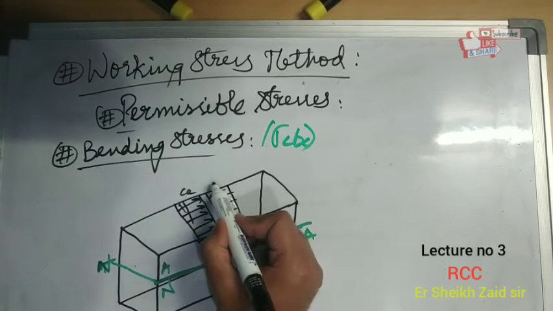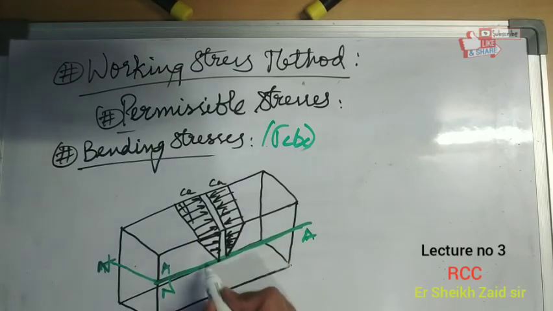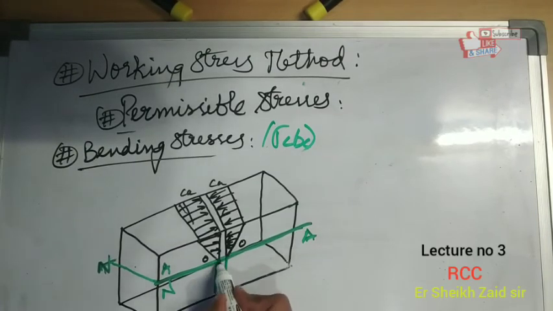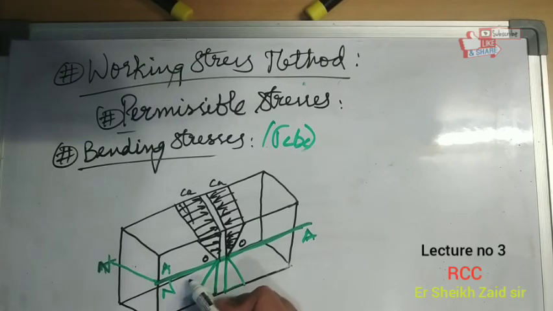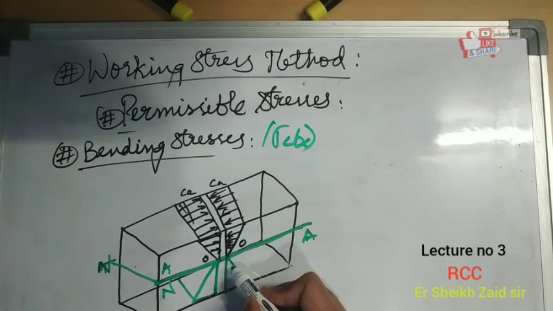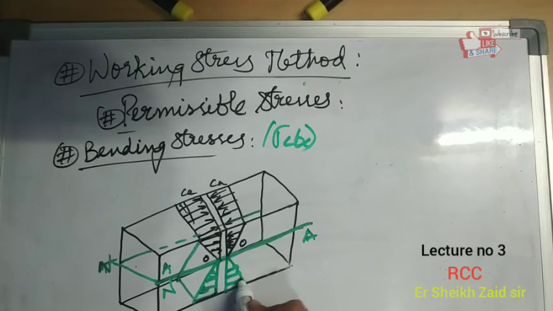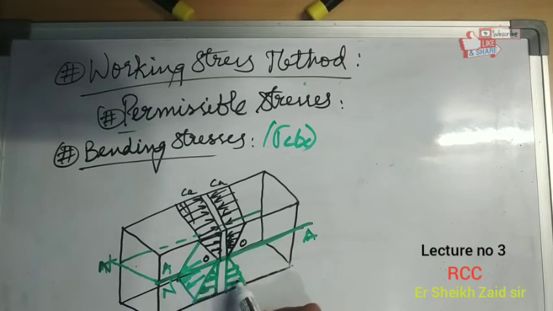This is point O. Now coming to the tension zone, again the diagram will be like this. It is also a neutral axis. This is clearly a visualization of bending stresses.